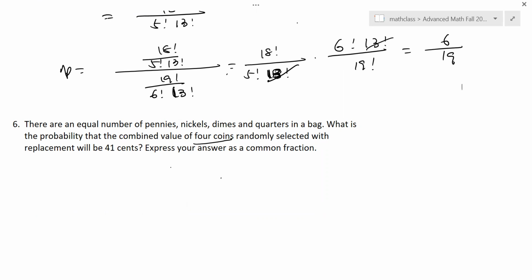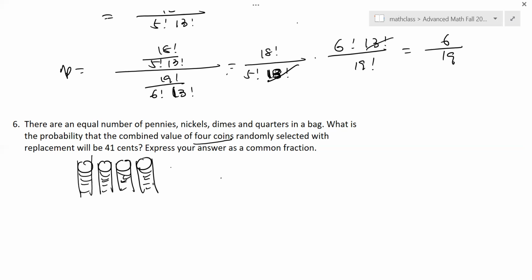So there are enough coins of each type, just so many, maybe in a cylinder. Equal number, maybe 1 billion pennies, 1 billion nickels, 1 billion dimes, 1 billion quarters. So you randomly pick 4 coins.